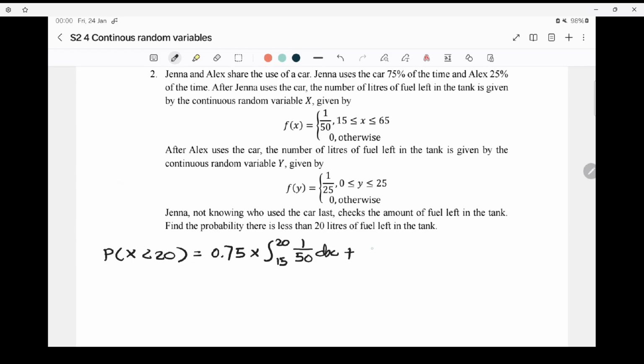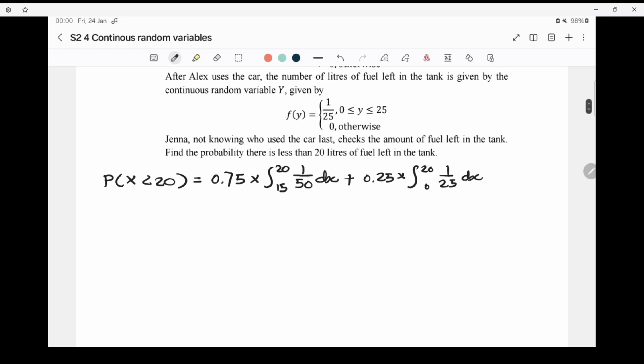If, let's say, Alex is using it, then you need to integrate from 0 to 20, 1 over 25 dx. So this will be 0.75 divided by 50, basically just x from 15 to 20, plus 0.25 divided by 25, then x from 0 to 20.